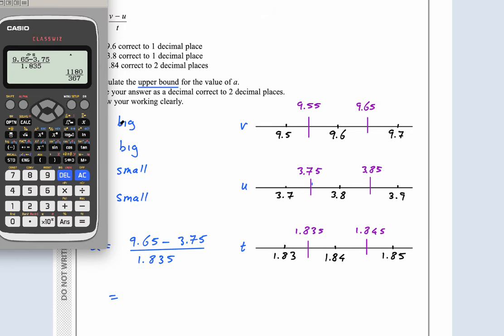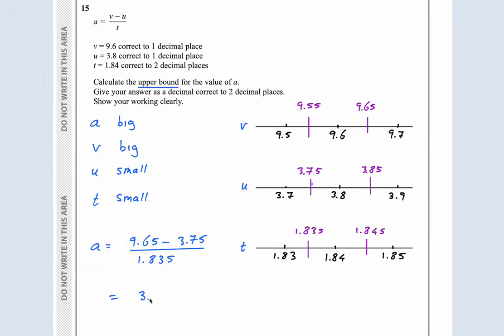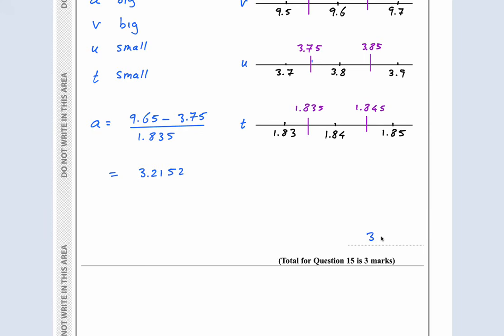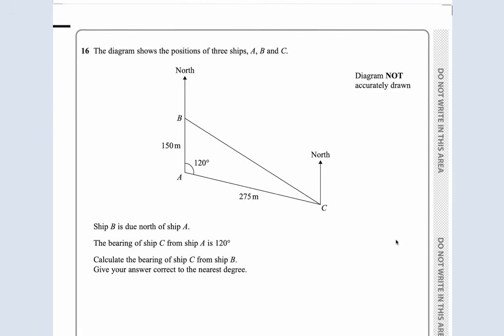That is 3.2152. 3.2152 to 2 decimal places, 3.22. So this equals 3.22. Okay, question 16.